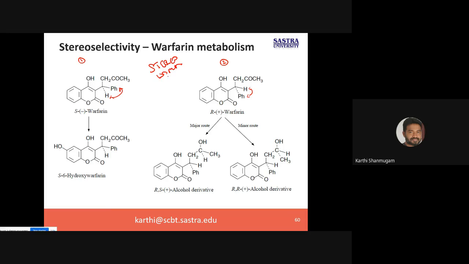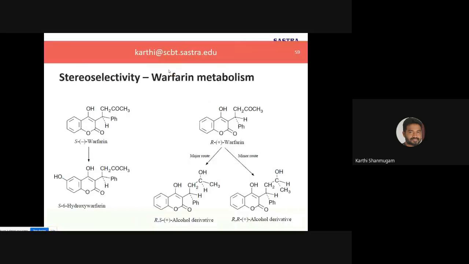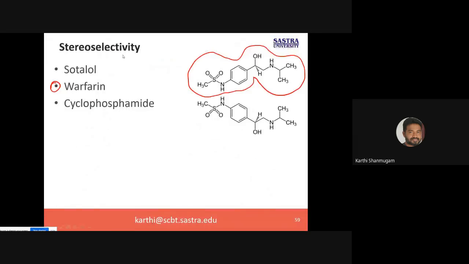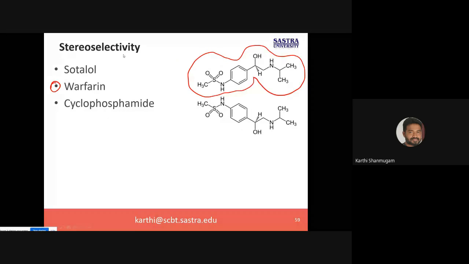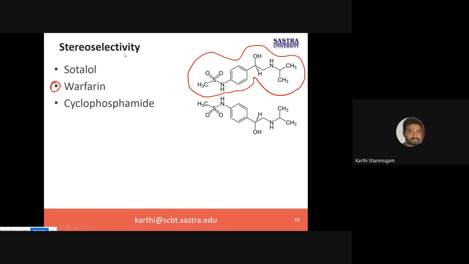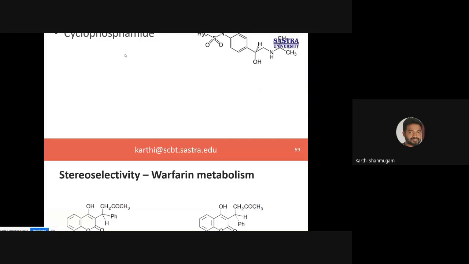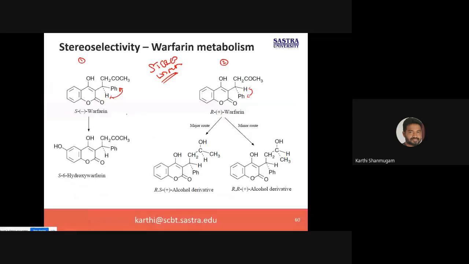If any molecule exists in stereoisomeric form, it is not necessary that they follow the same path for metabolism. The metabolic path may differ. That's the topic, stereo selectivity. Stereo selectivity arises if any drug molecule has a chiral center. In this example, this carbon is the chiral carbon.